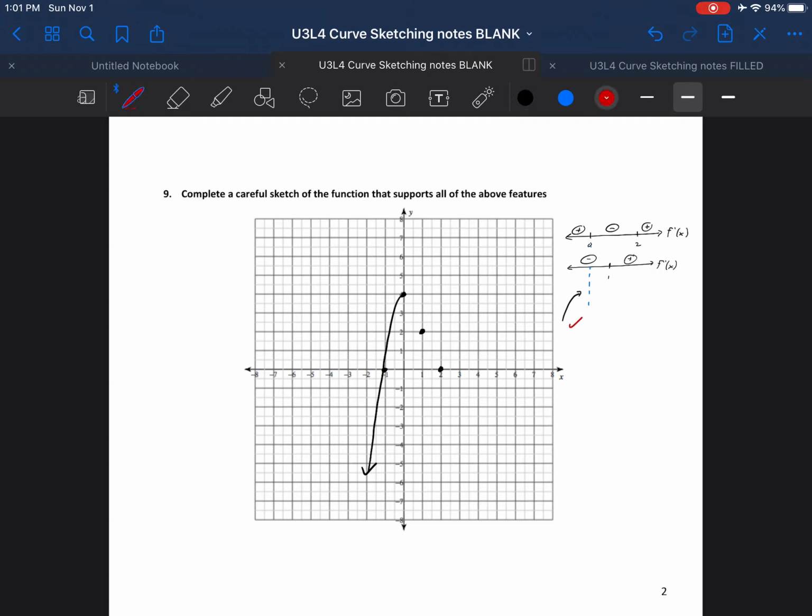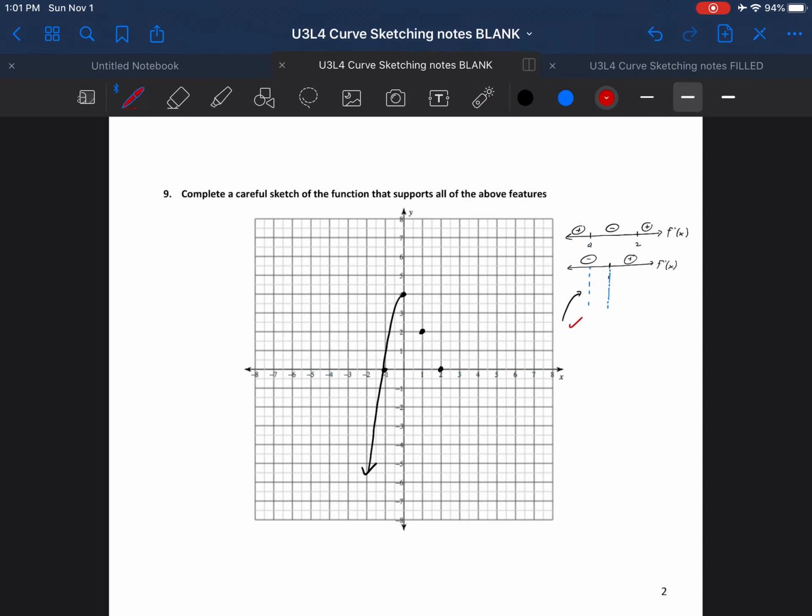This part's done. The next important point is 1. Right, that's where the second derivative changes. And the first, really. So now between 0 and 1, the first derivative is negative, which means the graph is decreasing, but it's still concave down.